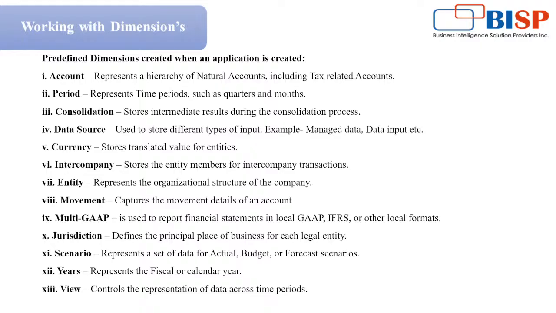So the major question here is why do we need this much complexity, or these kinds of dimensions. Without dimensions, reporting would just be a flat number without context. Dimensions provide structure, consistency, analysis power, and automation.